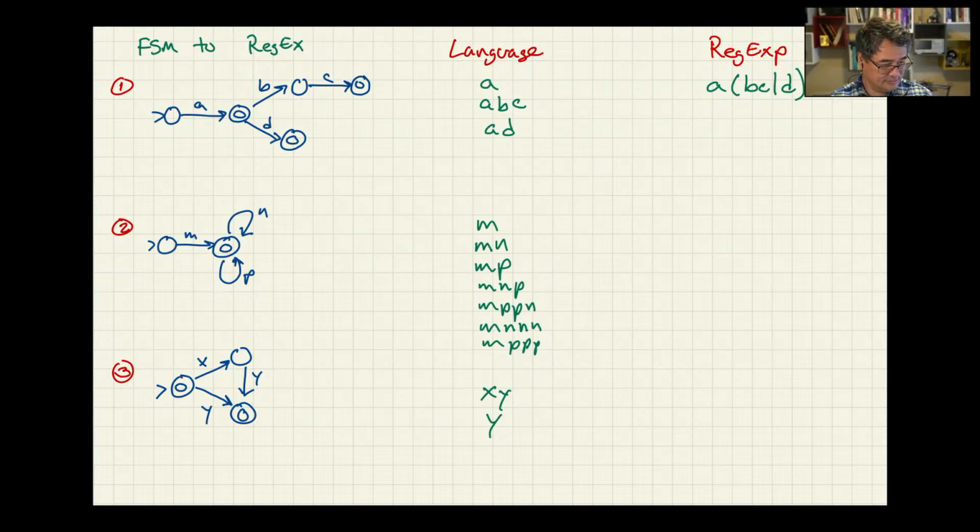Shouldn't it be A and then or, and then in parentheses B, C, or D? Say it again. A and then or, and then in the parentheses B, C, or D? No. So this one would allow either A by itself or B, C, or D. But you're close.